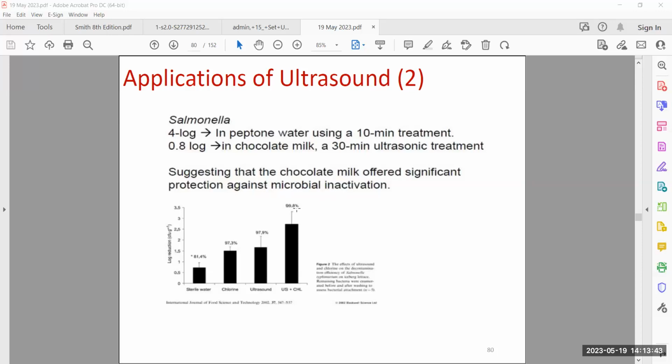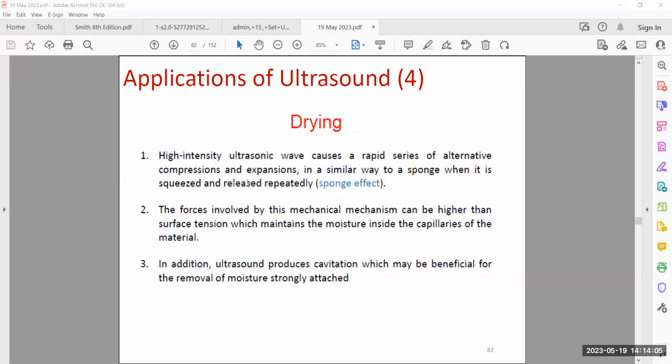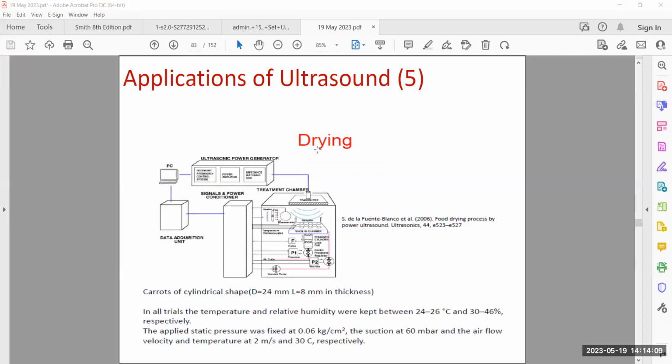So these are some of the limitations of ultrasound, where the media inside your food product can become a resistance towards the efficacy of ultrasound. And of course, if you combine the treatment with other methods, the combination can improve the efficacy of the treatment.